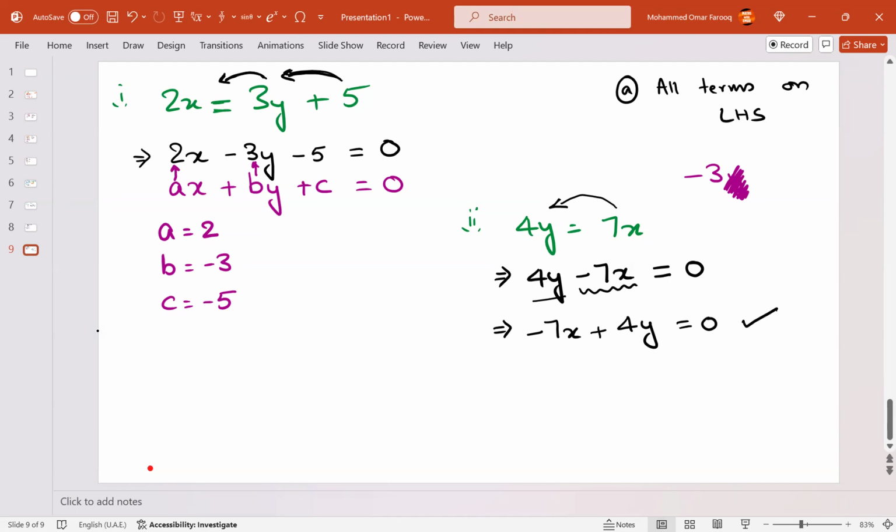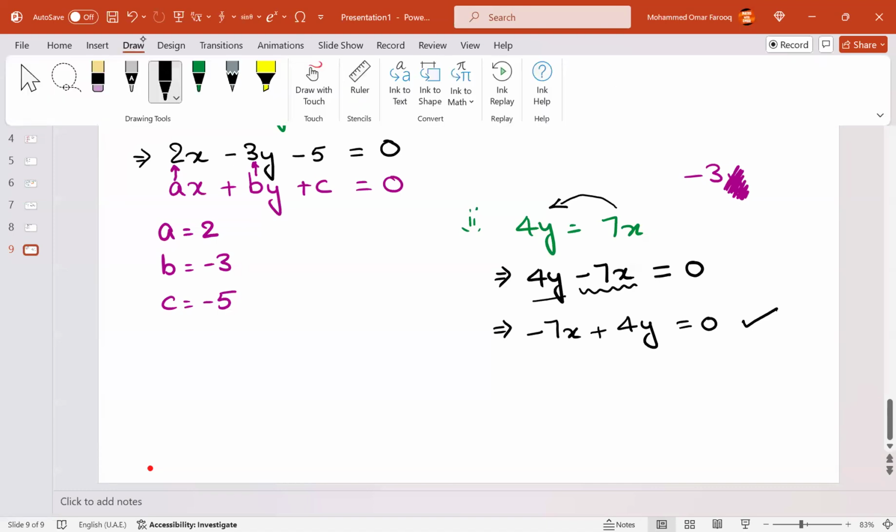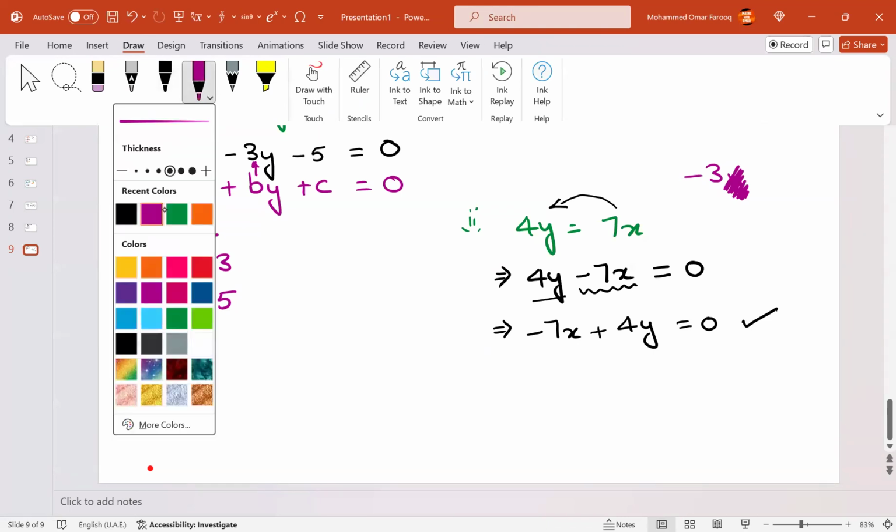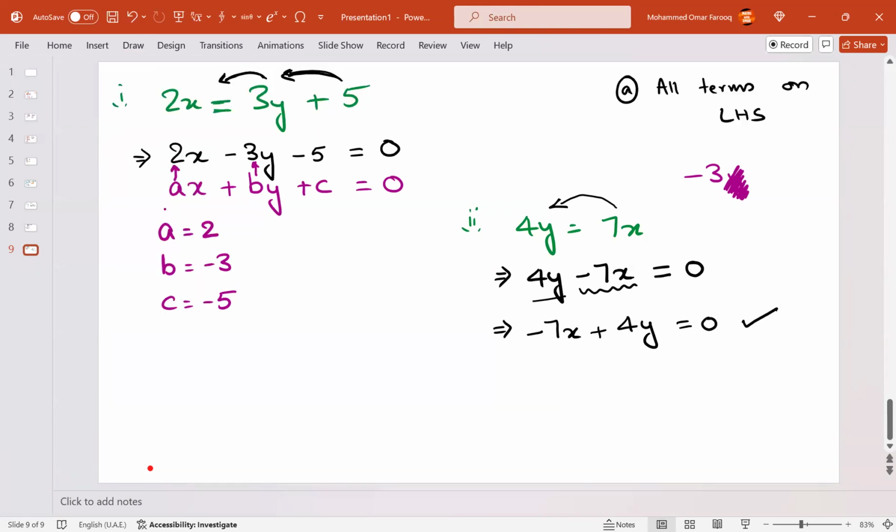But usually we write the x term as positive. So here you can do two things. The first thing I'll write with pink, and the next with orange. The first is that I take -1 common. I'll tell you both methods, and you can use whichever you understand.